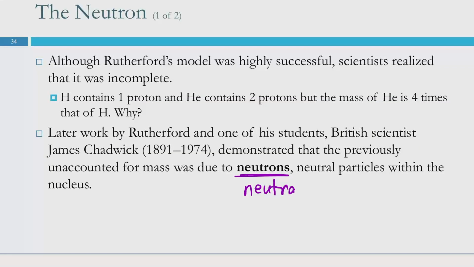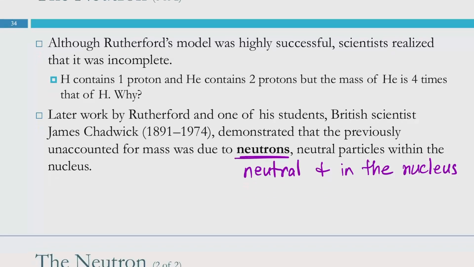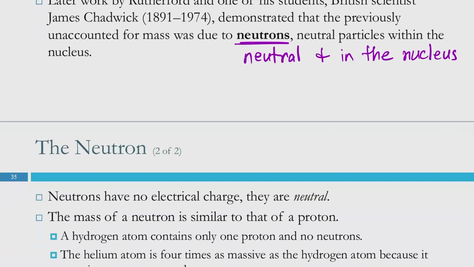Neutrons are neutral. And they are also in the nucleus. We also say this on the next slide. So neutrons have no electrical charge. They are neutral.